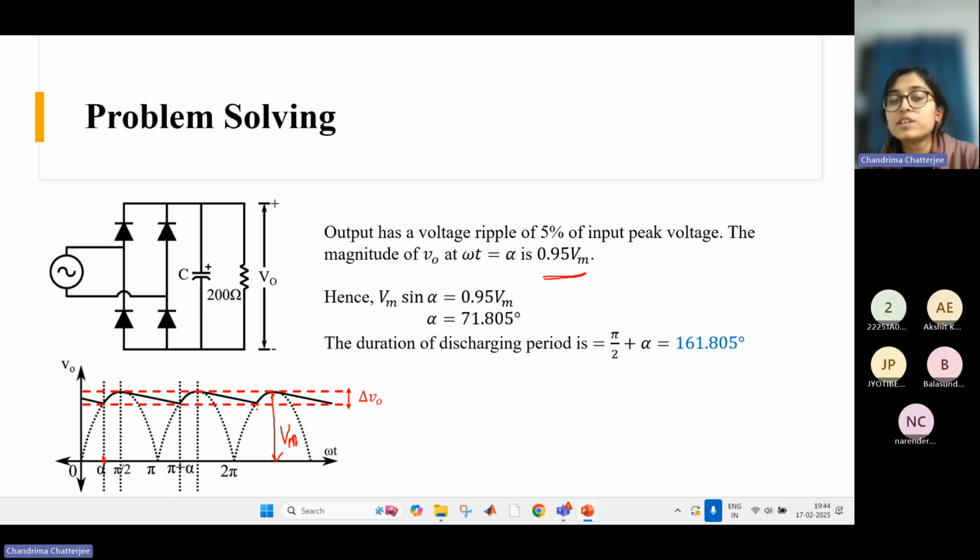And the minimum point is what? My Vmax minus V ripple, that is delta V, then we will get our V minimum, right? This point. And delta V, we already got that delta V is 0.05 Vm, right?